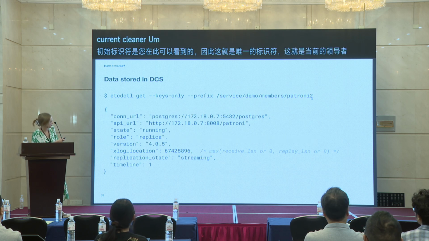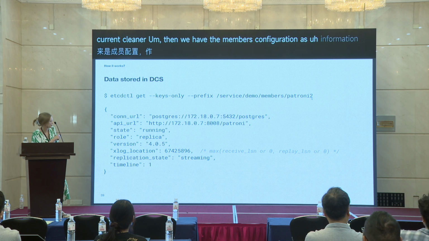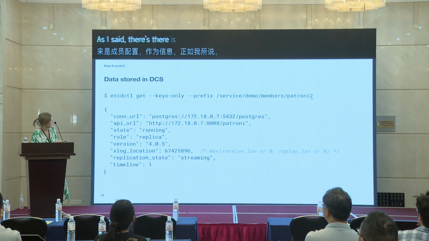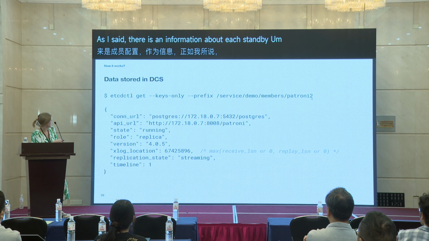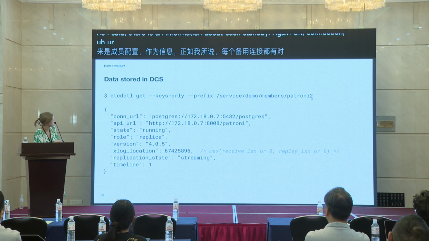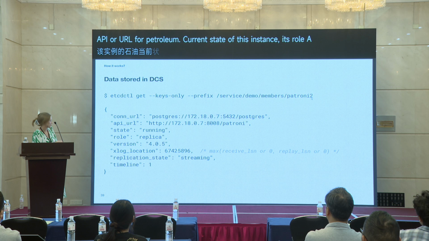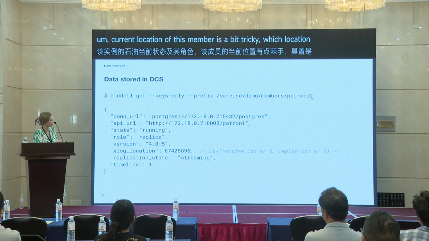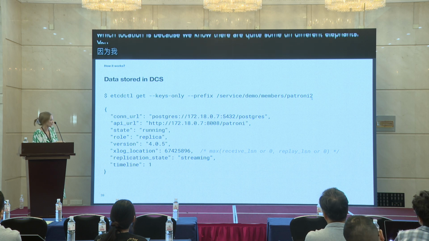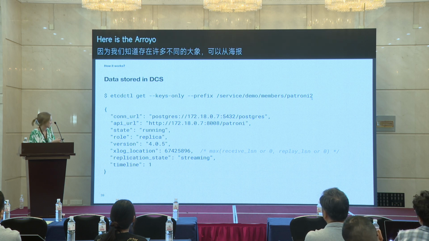Then we have the members configuration as information. As I said, there is information about each standby: the connection URL, the API URL for Patroni, the current state of this instance, its role, the Patroni version, and the current location of this member. It's a bit tricky which location it is, because we know there are quite a few different LSNs you can get from Postgres, but here is the rule for how it's defined.